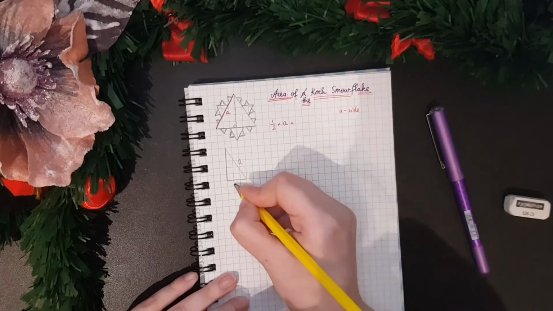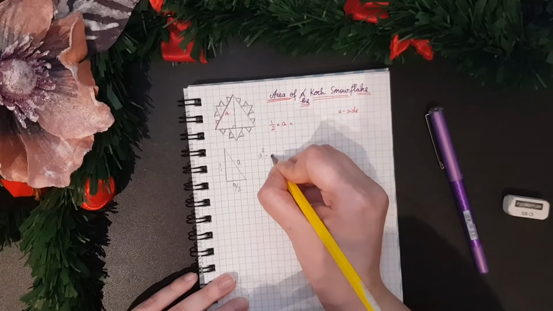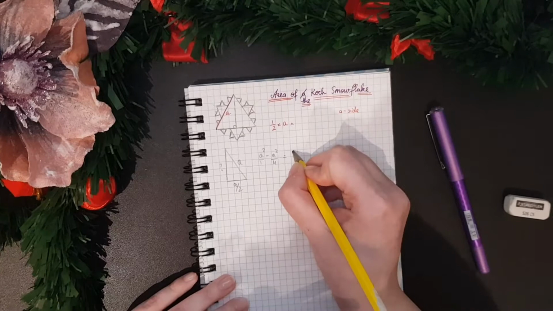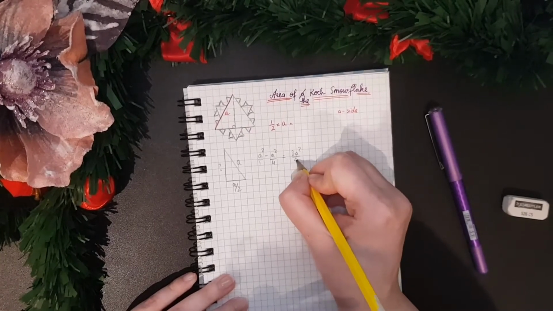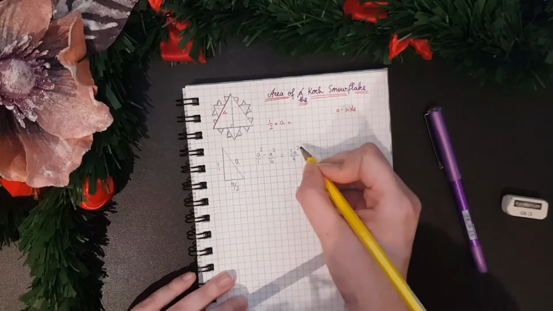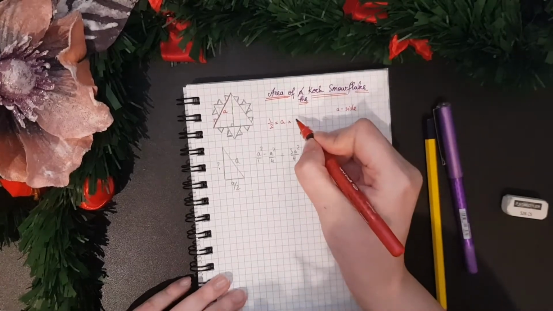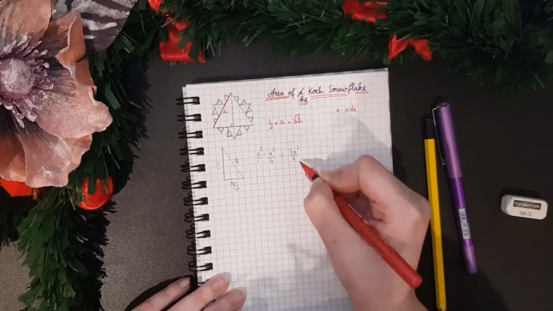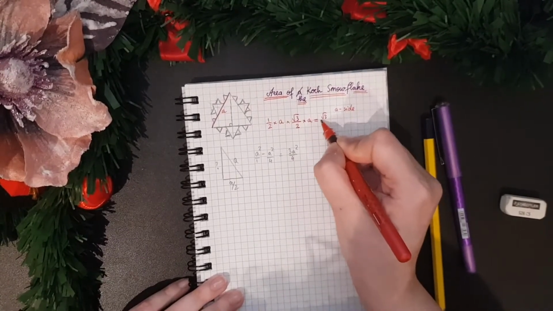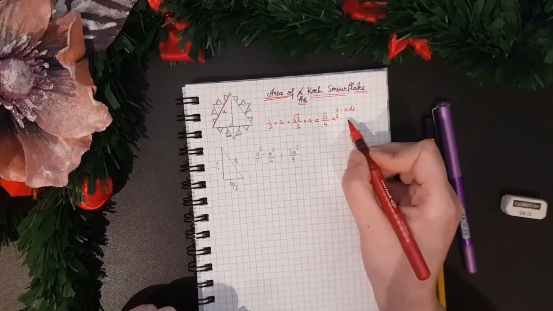So this is A, this is half of A, and I need this one. So that's 3a squared over 4. My little bit over here will be the square root of that. So this is square root of 3 over 2 times A, and this is square root of 3 over 4 A squared. So this is my general area of a triangle.